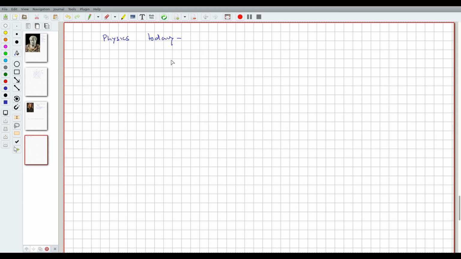So today, if you were to look at what is sort of contained under the umbrella of physics, you have approximately these things. You have what's called classical mechanics. Now, classical mechanics is really Newton's physics.